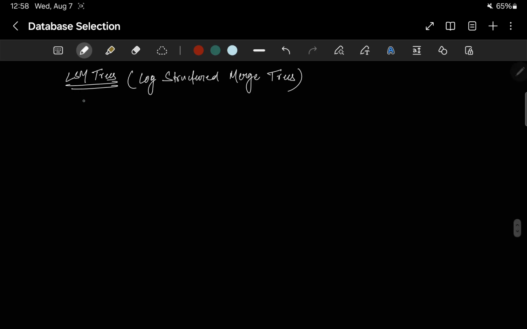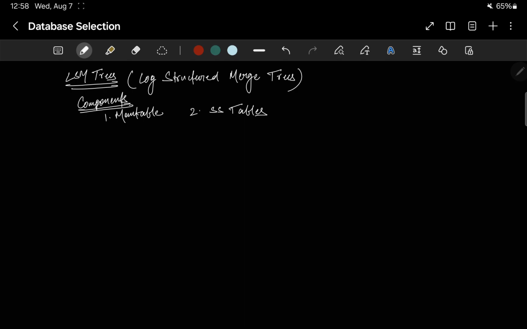Okay. It has different components. So what are the components? First one is memtable. An in-memory structure acting as a staging area for incoming write operations. It provides rapid write access. Next is SS tables. SS means sorted string.